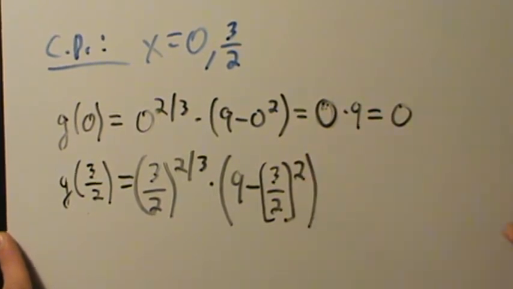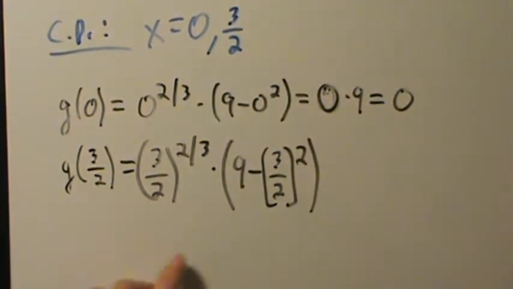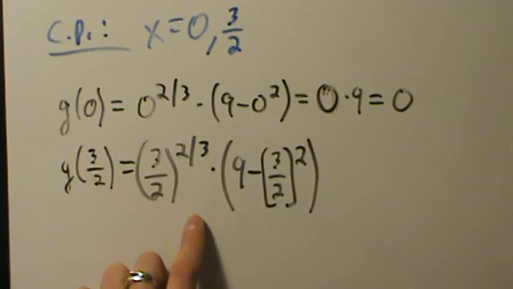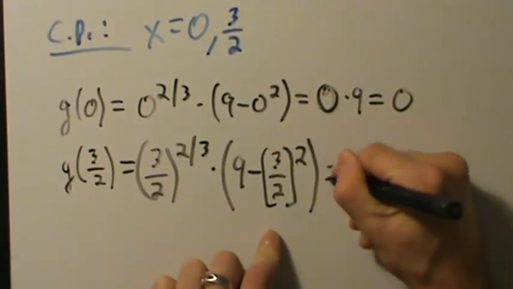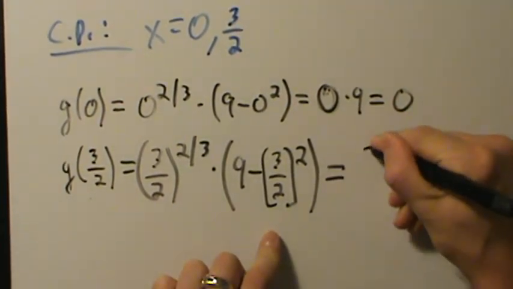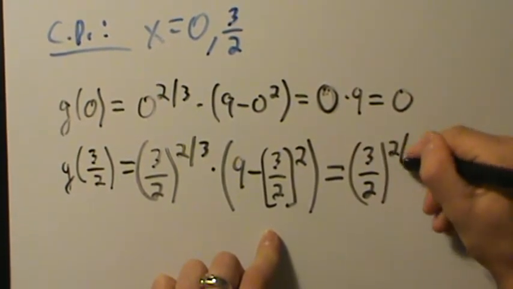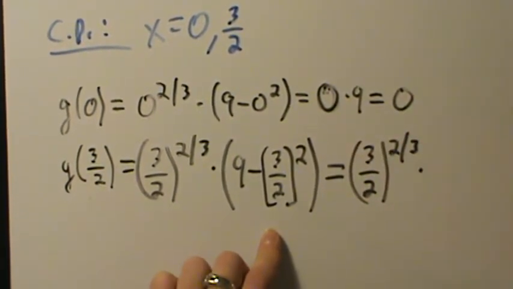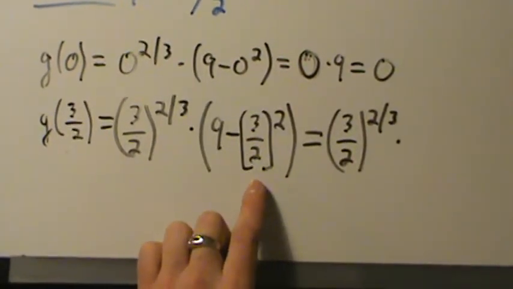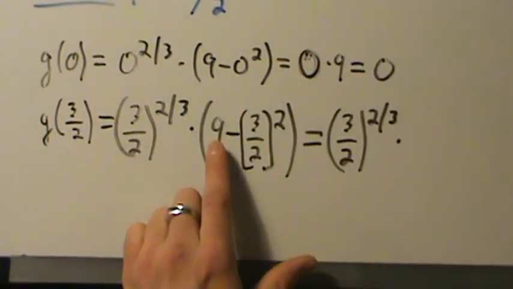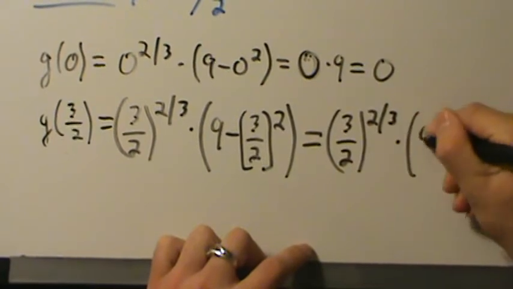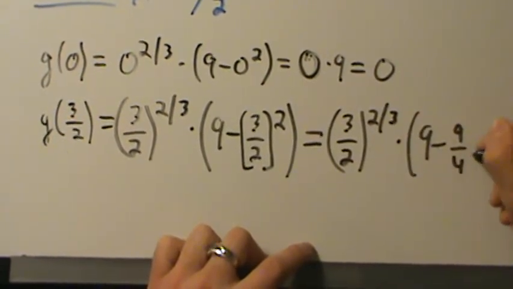Okay, so 3 halves to the 2/3, that's not really a nice number, but let's go ahead and simplify this just a little bit. So this is 3 halves to the 2/3 times, now 3 halves squared, remember that's 9 over 4, so this is 9 minus 9 over 4.